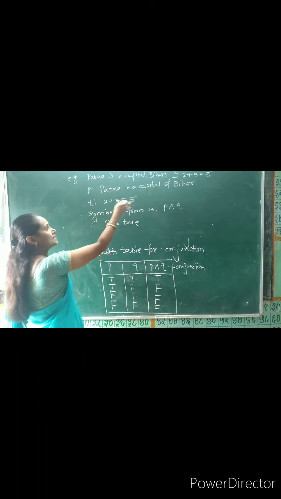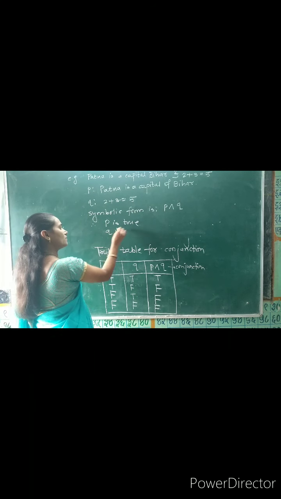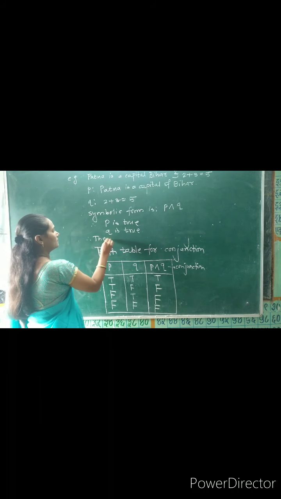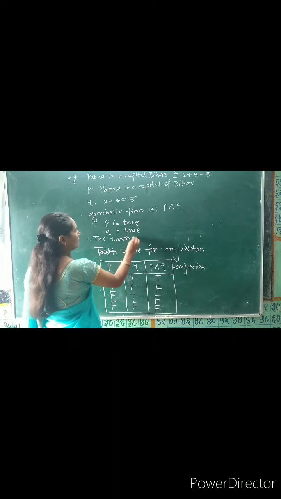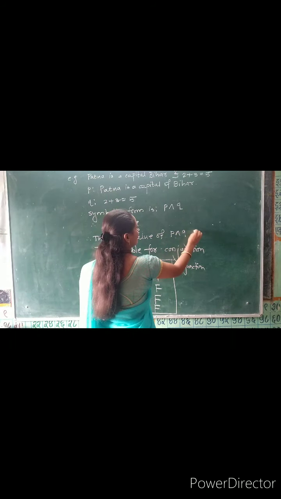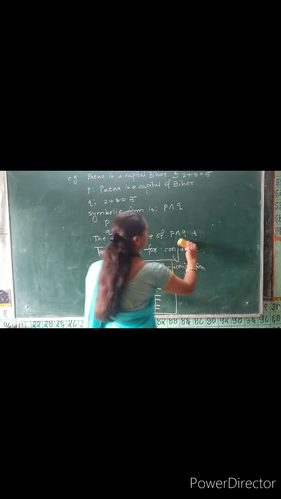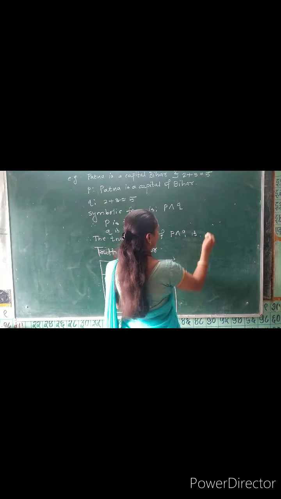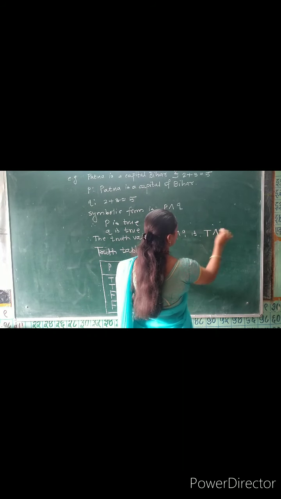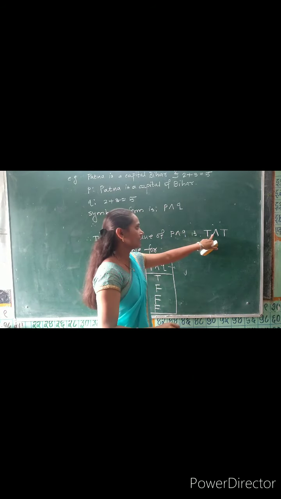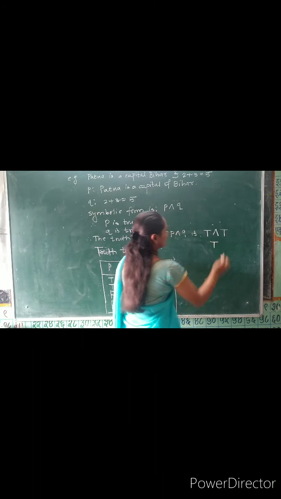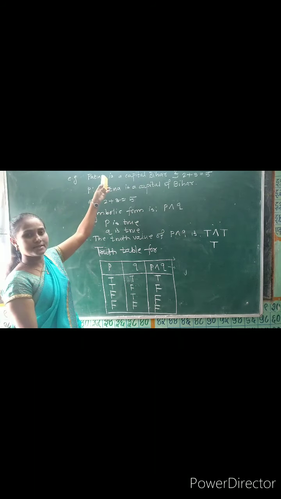And we also know that 2 plus 3 is equal to 5, therefore Q is also true. Therefore the truth values are T and T. And we know that in conjunction, if both statements are true, then the statement is true.